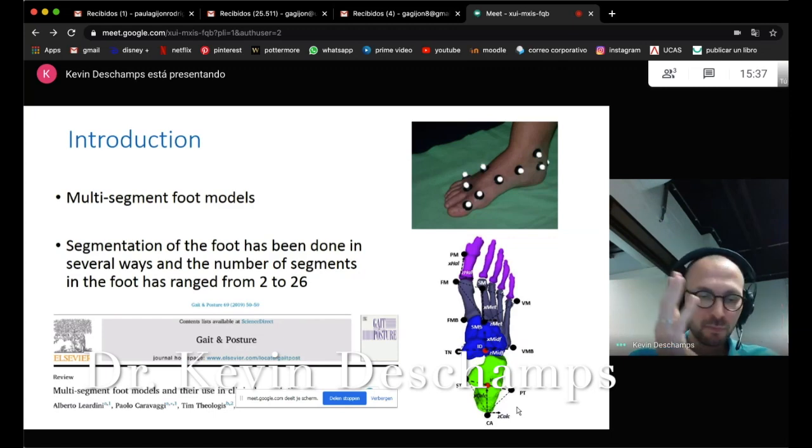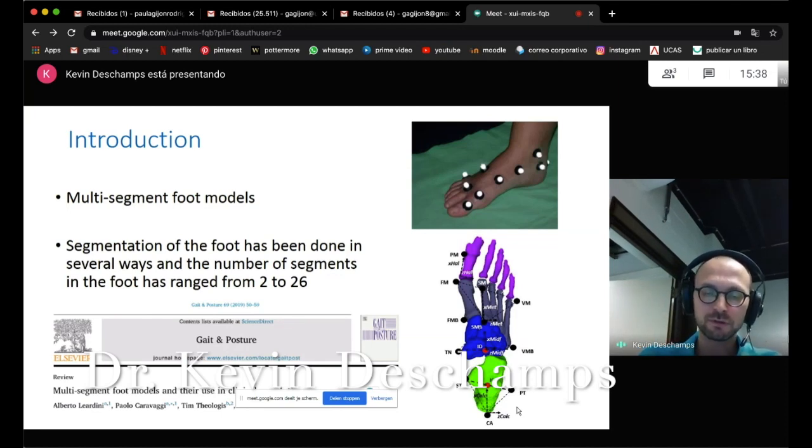Having said that, a recent review reported by Leardini is at least highlighting that for those multi-segment foot models, there is a good basis to include those in clinical practice, because they have the potential to contribute to our understanding and to our decision-making process.